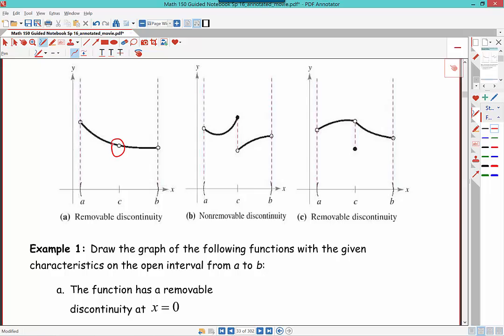But if there is a vertical asymptote, or if there's a break, like a jump, there's no way we can simply replace a single point to make that a smooth curve, right? So here in example A and C, we have removable discontinuities. This is considered removable because, again, it's just at a single ordered pair where there's an issue. And over here, when there's a vertical asymptote, it would be non-removable.